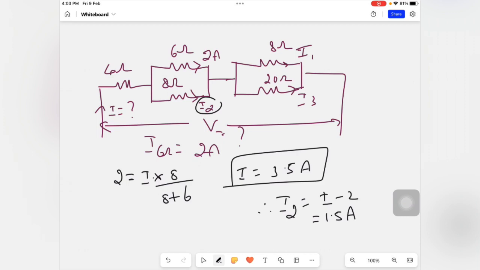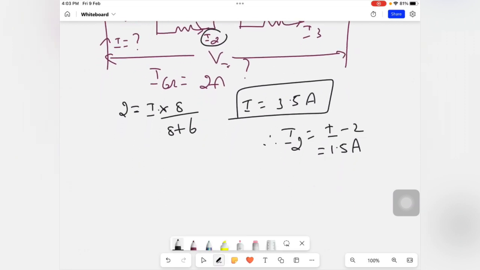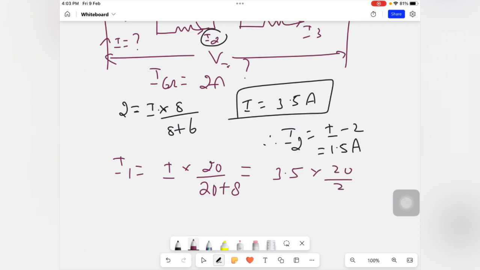Similarly, we can calculate I1 and I3. We know the total current I is 3.5 amps. I1 is equal to the total current I into the resistance of the opposite branch, 20, divided by 20 plus 8. So 3.5 into 20 divided by 28 gives I1 as 2.5 amps.